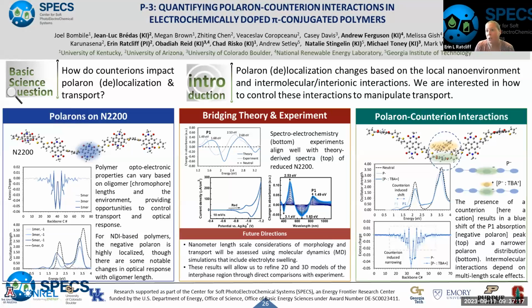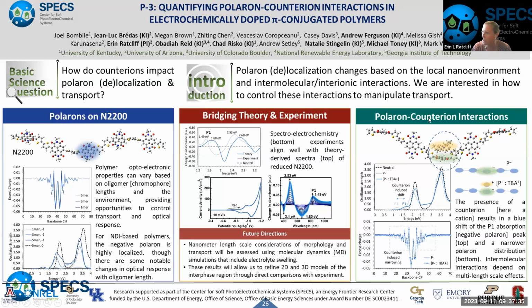And then we also have Joel's poster that is predominantly looking back at N2200 and thinking about how these polarons change in their optoelectronic properties as a function of oligomer size, and on the right as a function of the counter ion.